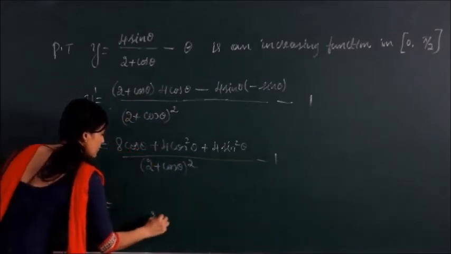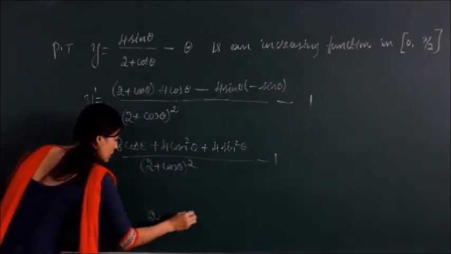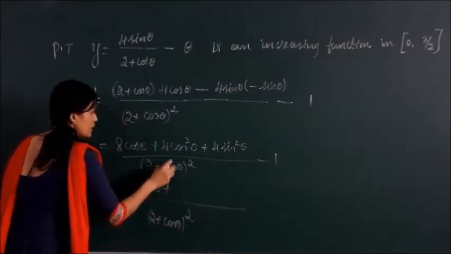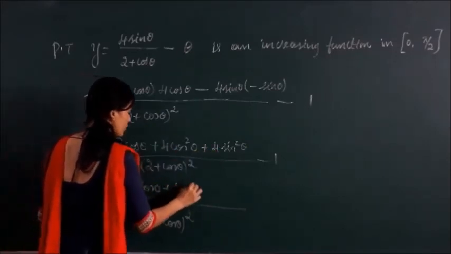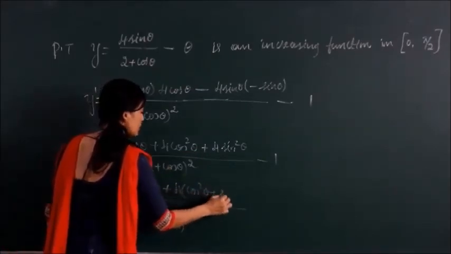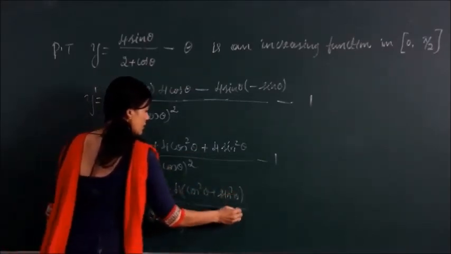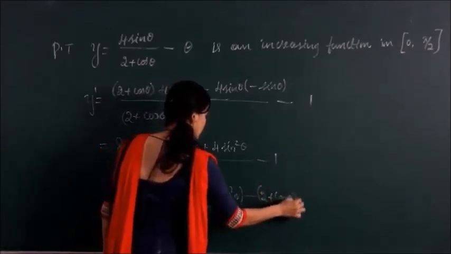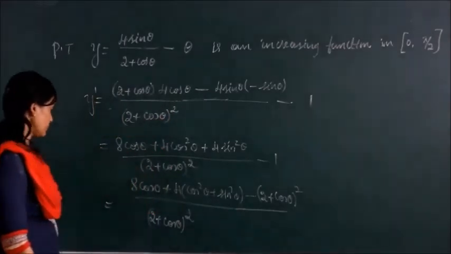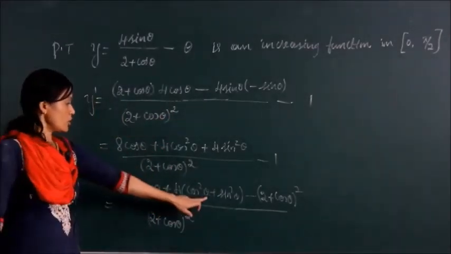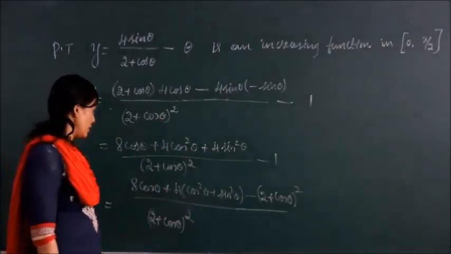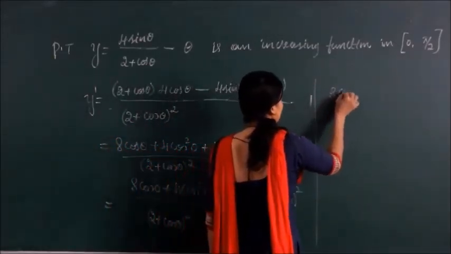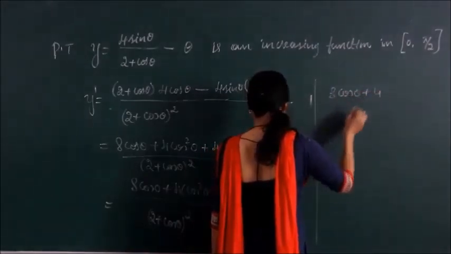So I can take the LCM, 2 plus cos theta whole square. Here 4 is common: cos square theta plus sin square theta minus... So when I simplify this further, cos square theta plus sin square theta is 1, 8 cos theta plus 4.